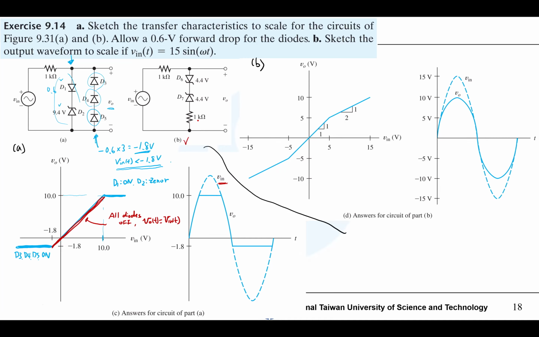What is different from before is it has a 1k ohm resistor here, because previously we just had 1k ohm there, but this 1k ohm resistor will affect VO. So we need to consider that.